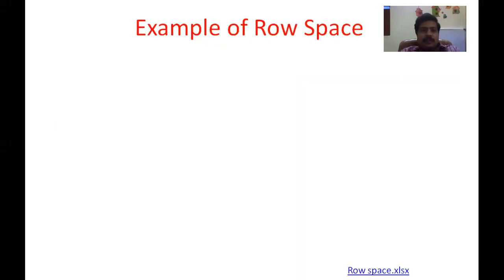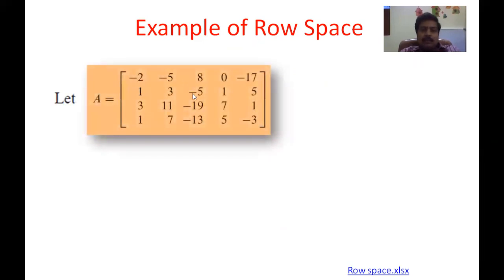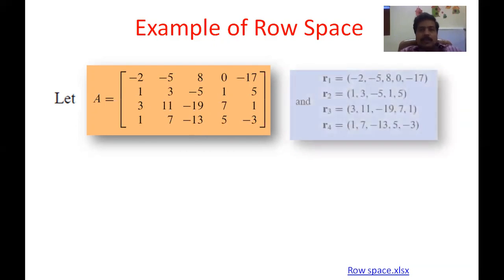So let us look into an example of row space. Let A be this matrix, a 4 by 5 matrix given to us. Let us name the rows R1, R2, R3, R4. Let R1 be -2, -5, 8, 0, and 17, and this is R2, R3, R4.